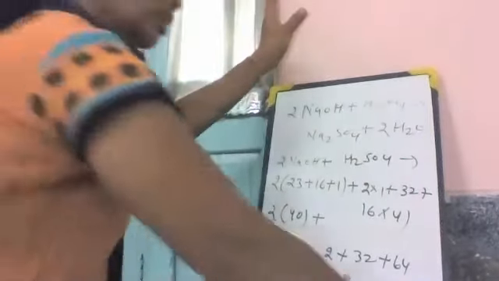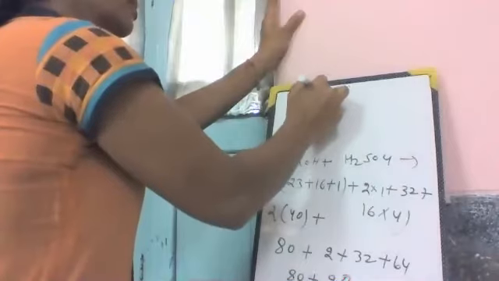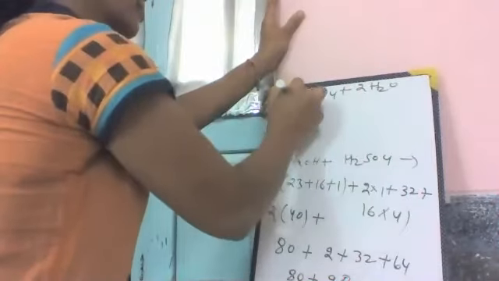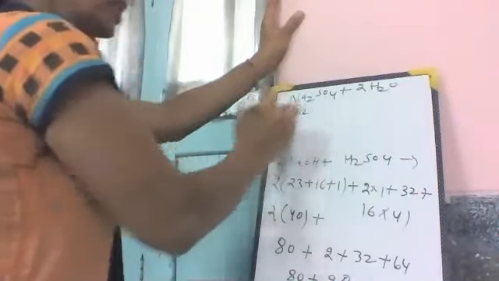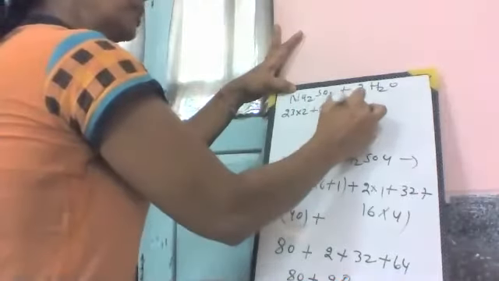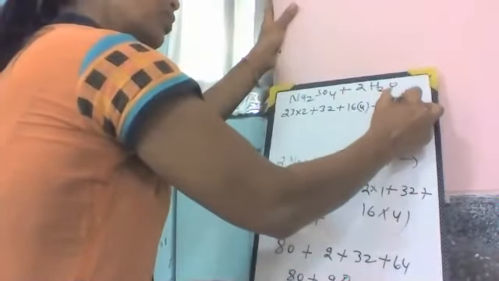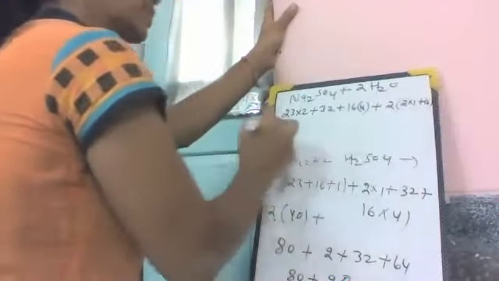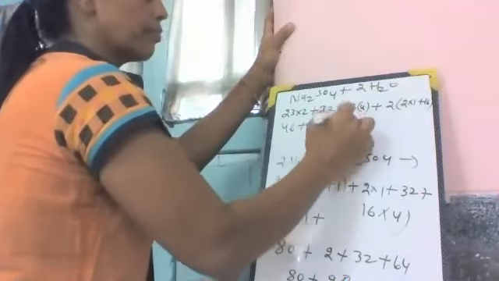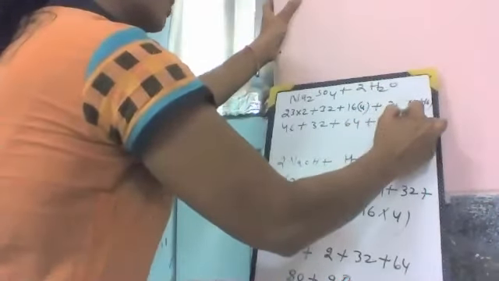Now take a look at the product side. Na2SO4 plus 2H2O. 23 multiplied by 2, because we have 2 atoms, then 32 plus 16 multiplied by 4, plus 2 multiplied by 1 plus 16. It is 46, 32, 64 plus 18.